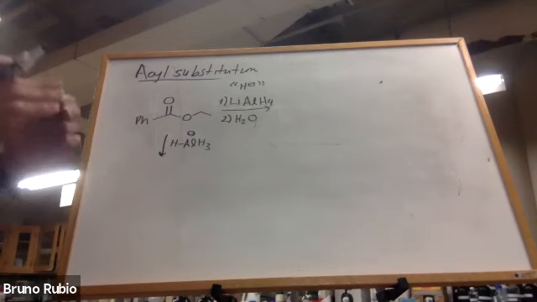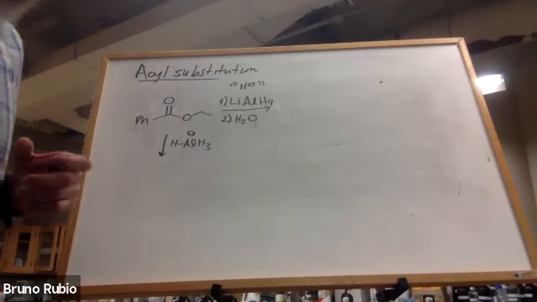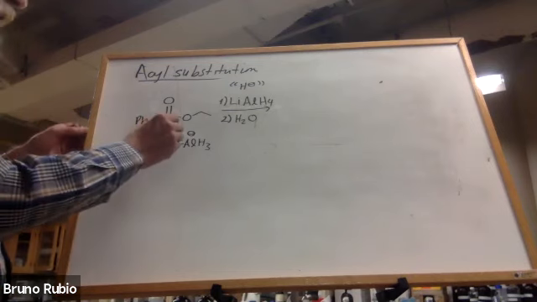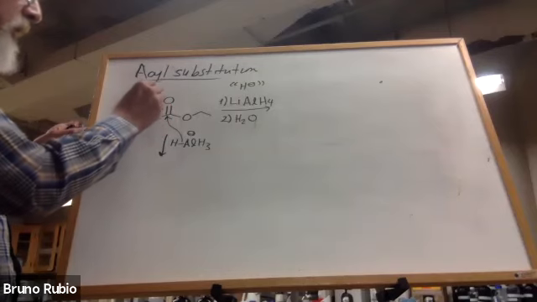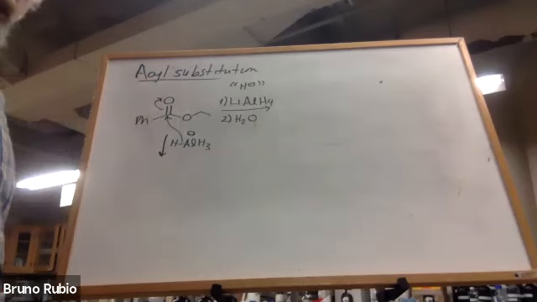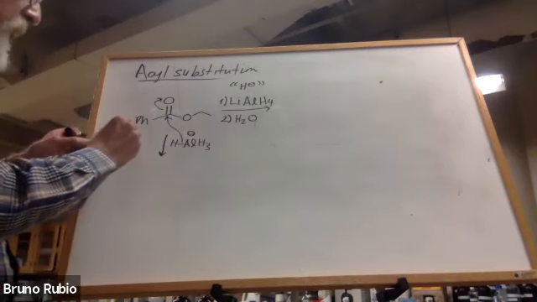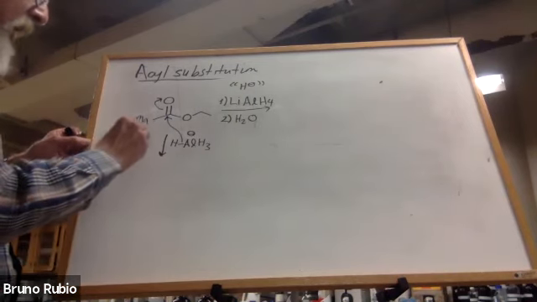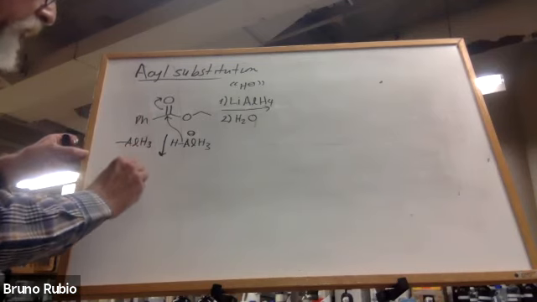Remember, this acts as if it were H minus. The H pulls out of the aluminum, attacks the carbonyl. Can't stop there, because if I stop there, I'm going to have a carbon with 5 bonds. And so I get AlH3 swimming around in the reaction mixture.